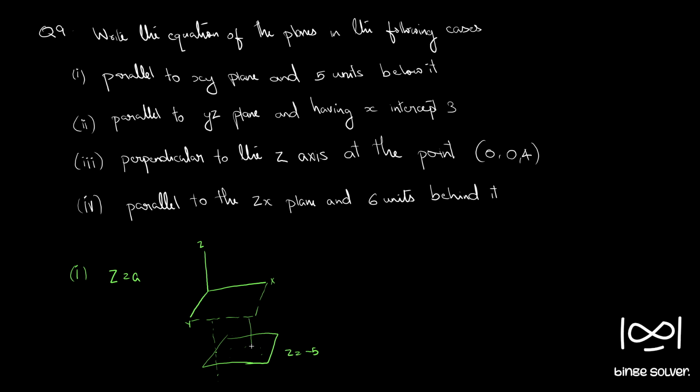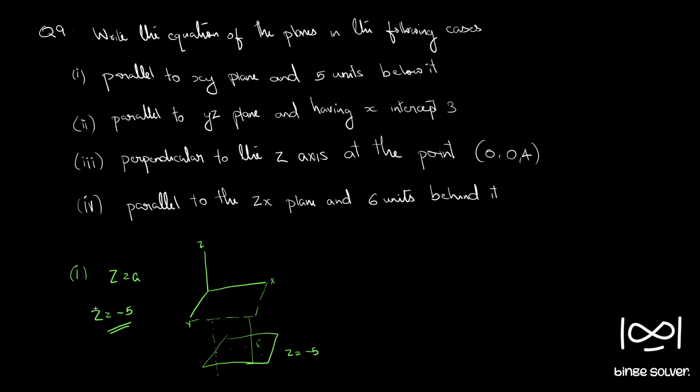Since this distance is 5 units, this plane will be defined by the equation z is equal to -5. Any point on this plane will have z coordinate as -5. So our required equation is z is equal to -5.